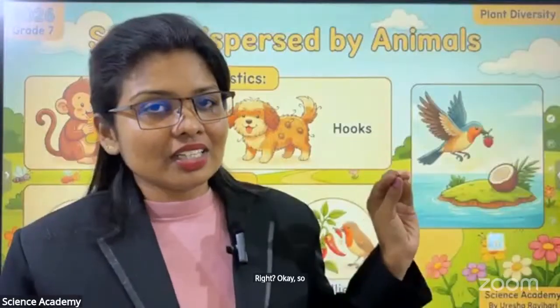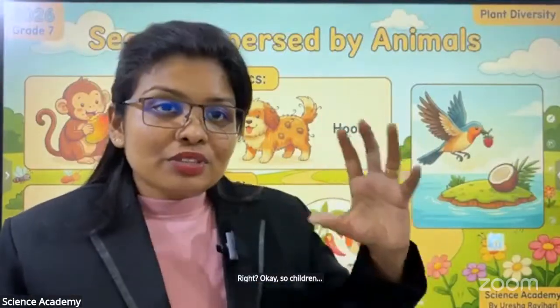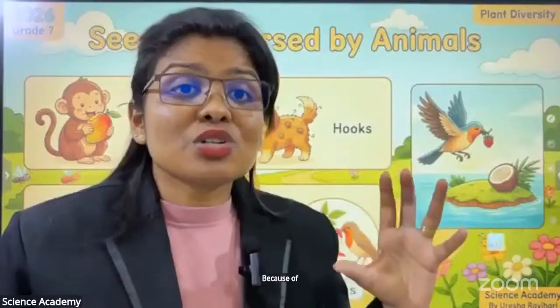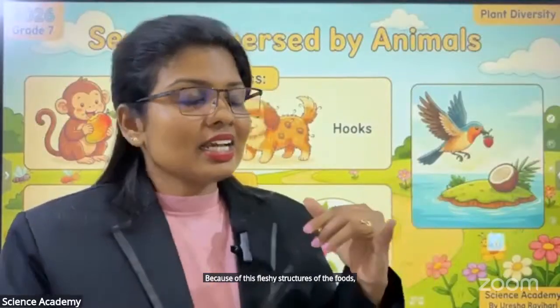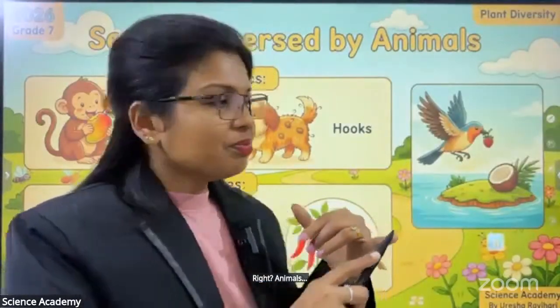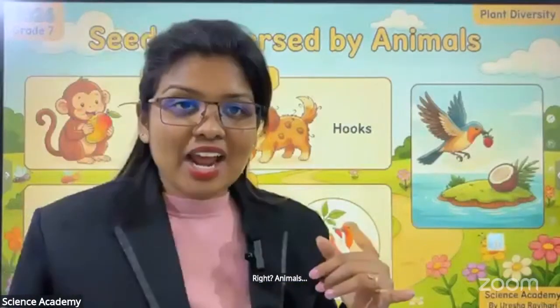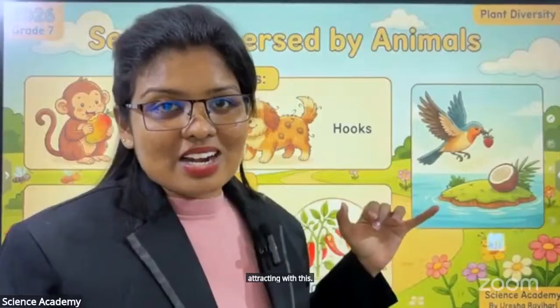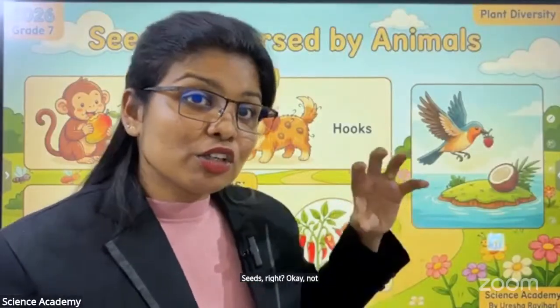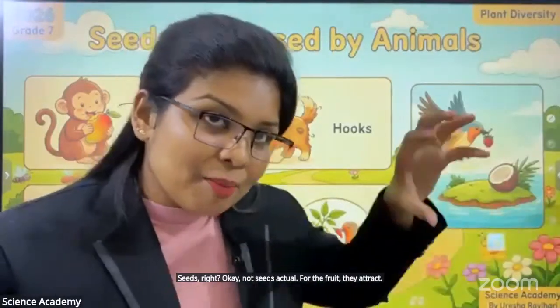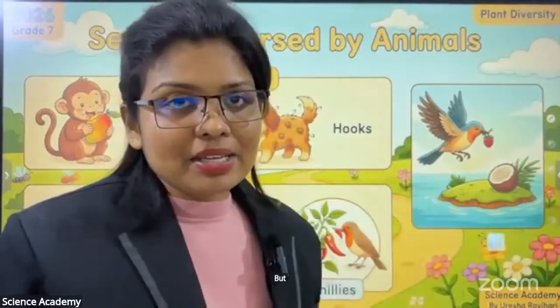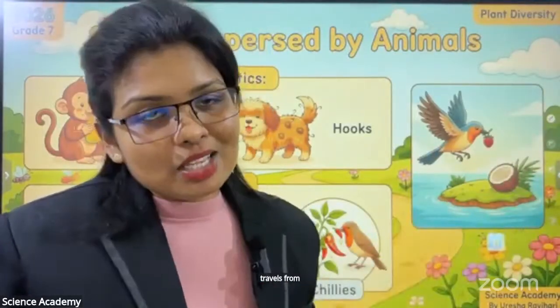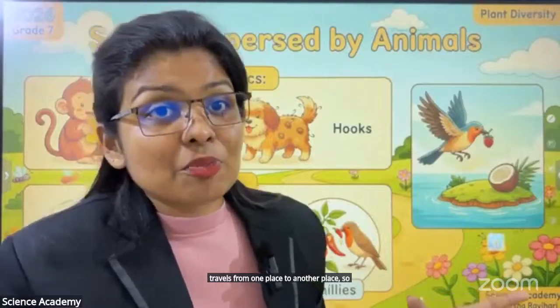Because of these fleshy structures of the fruits, animals are attracted. Not the seeds actually, they are attracted to the fruit, but thereafter the seed can be carried from one place to another, so it can be dispersed.